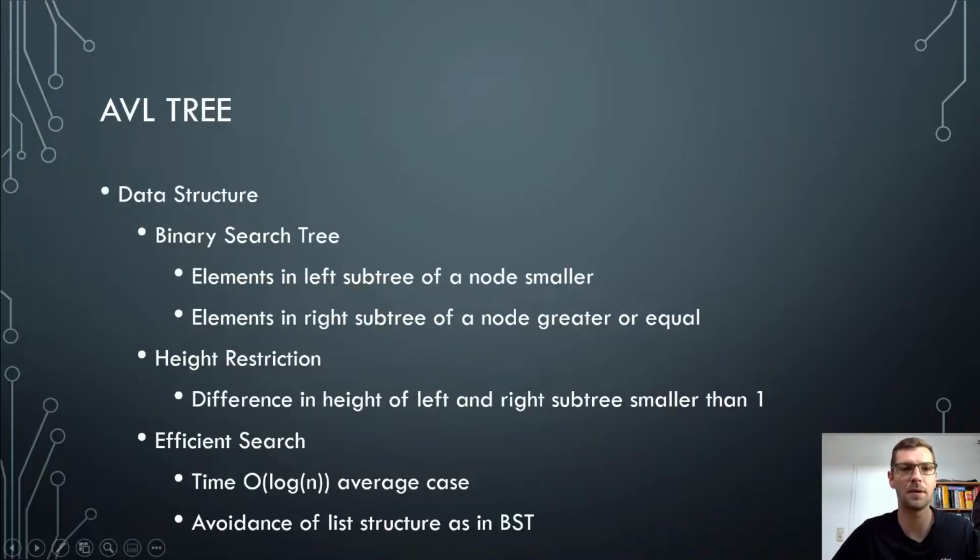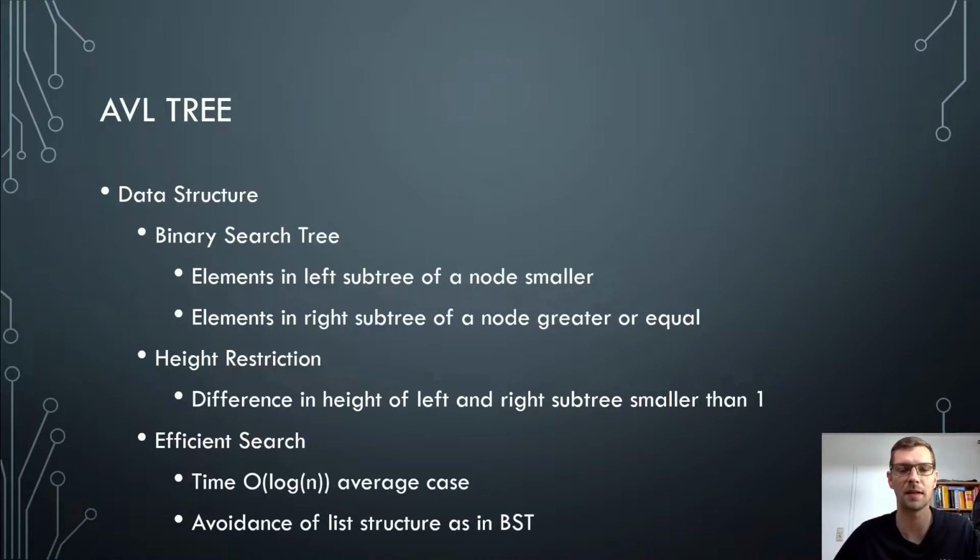Alright, so an AVL tree is basically a binary search tree where all nodes in the left subtree of a node are smaller than the value in the current node, and all elements in the right subtree are greater or equal to the value in the current node.